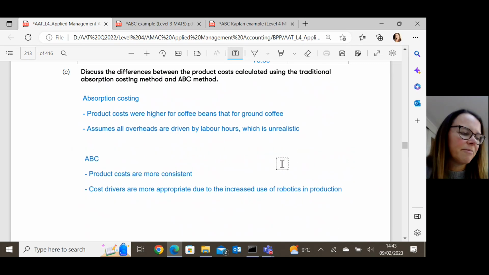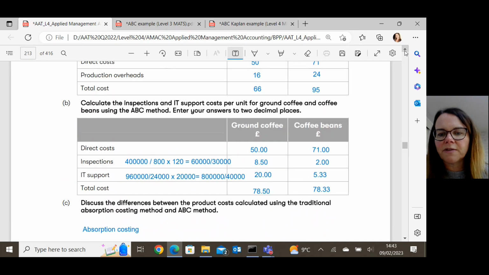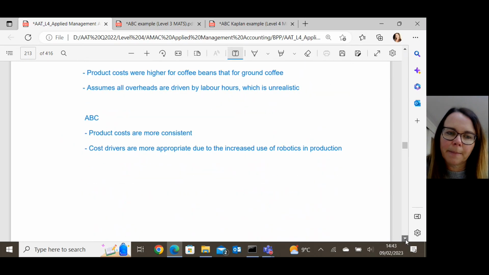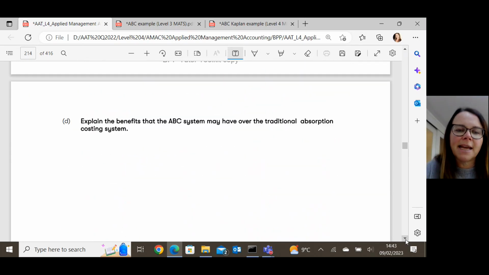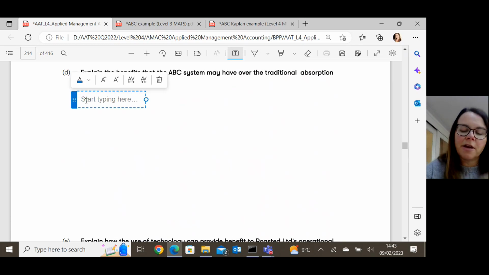Okay, so again, feel free to review their answer in full, but just basically describing what differences have arisen between the two methods. And then explain the benefits that the activity-based costing system may have over traditional absorption costing system. So these are must-learn points in preparation for the written parts in this exam.